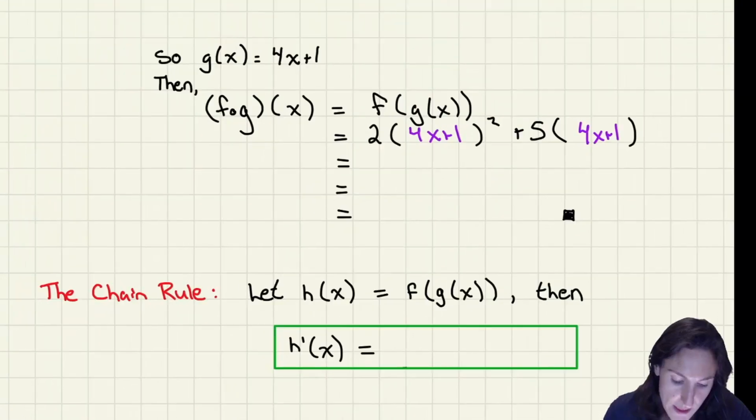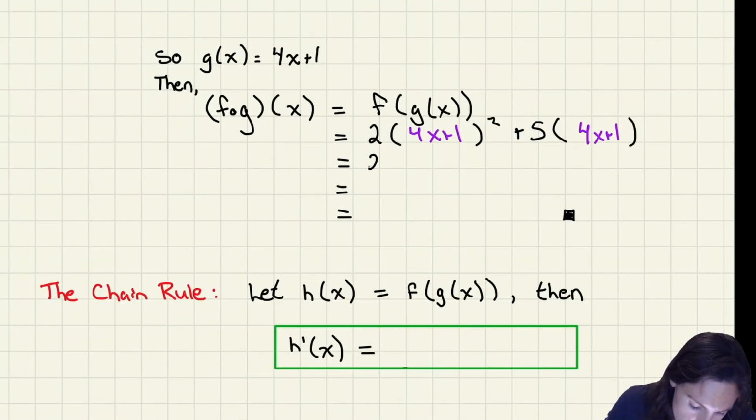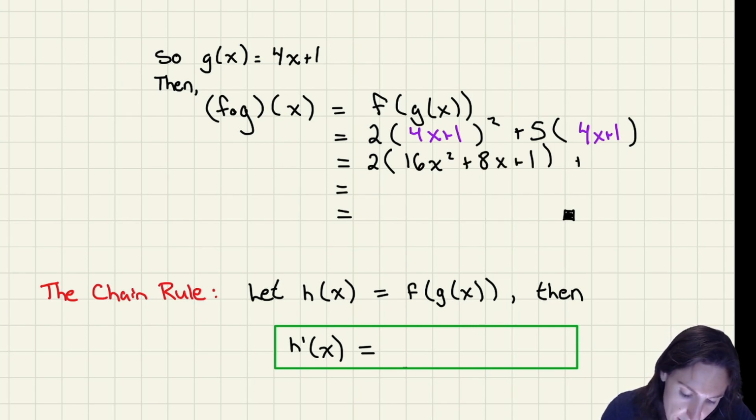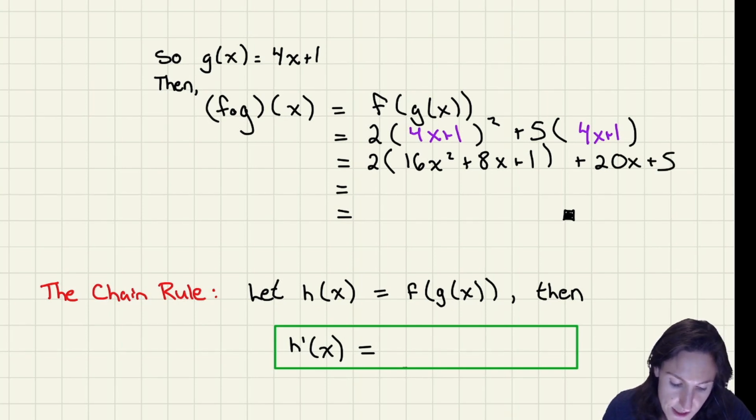Okay, and now I have to expand this. So we're going to have 2, and then I have to do FOIL. So 4x times 4x is 16x squared, plus 4x plus 4x is 8x, plus 1. And then I have plus 20x plus 5. And I still need to distribute my 2 into the 16x squared plus 8x plus 1.